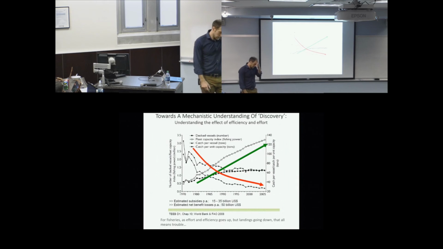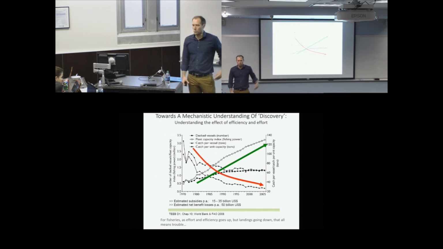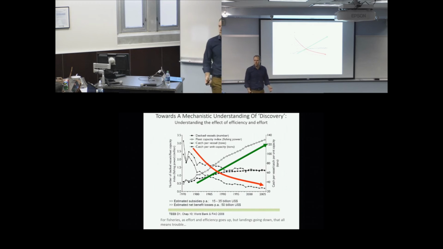So I got interested in trying to understand more the mechanisms behind how species are being discovered, and thinking about catch per unit effort models, for instance. In fisheries, this is stuff you learn in undergrad, policymakers thought, hey, what's the problem? Catch is remaining constant, and then boom, we fall off this catastrophic cliff with cod populations, for instance. Well, what happened with cod populations is that, yes, catch remained constant and effort was going up like this, right?